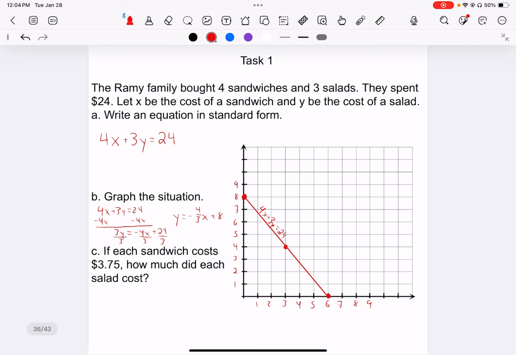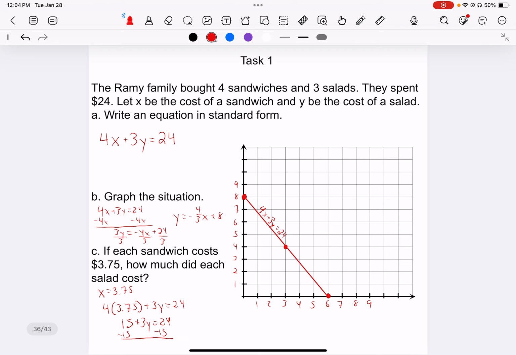And part C says if each sandwich costs $3.75, how much should each salad cost? So I'm going to use my equation, 4x plus 3y equals 24. The sandwich costs $3.75, so that means that x is going to be equal to $3.75. So I have 4 times 3.75 plus 3y equals 24. 4 times 3.75 is 15, so 15 plus 3y equals 24.